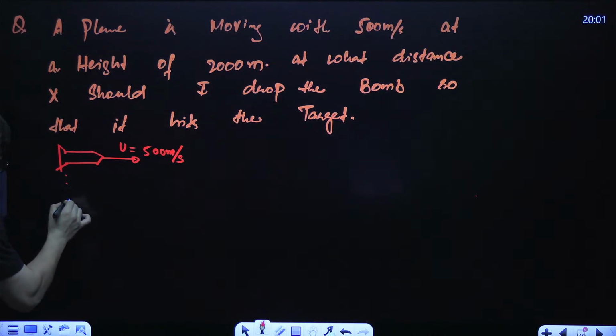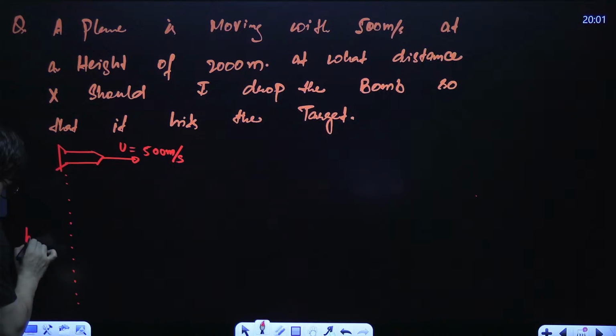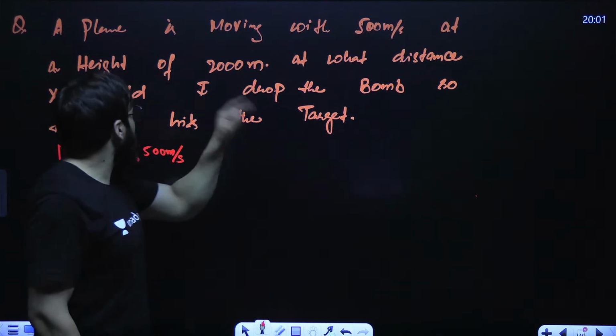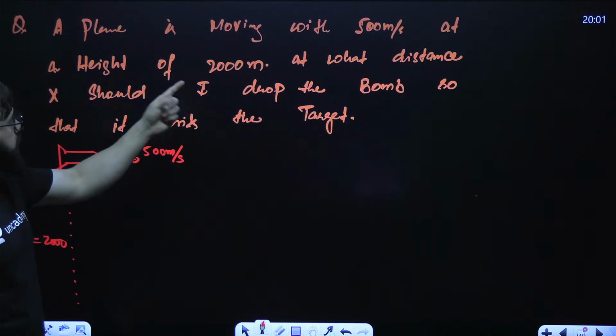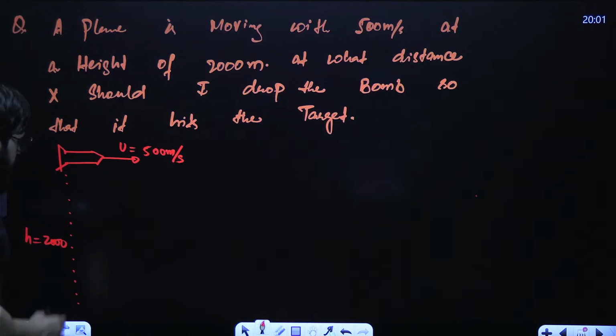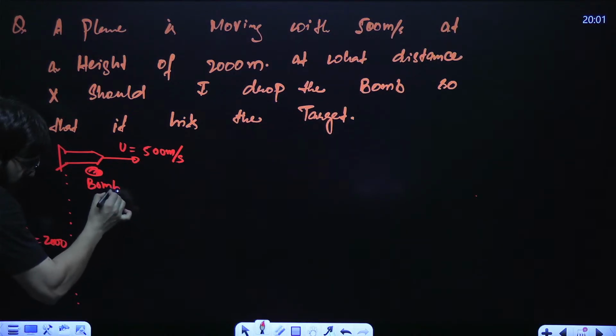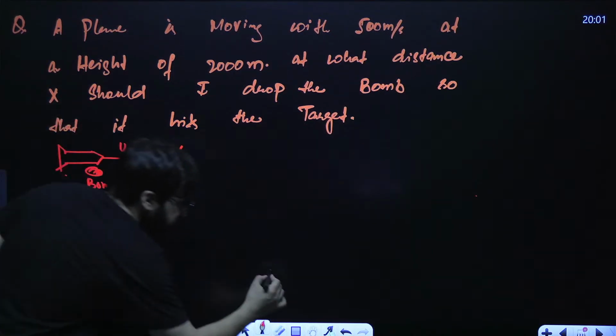So this height over here, h, is given as 2000. At what distance should I drop the bomb so that it hits the target? Let's suppose it is dropping the bomb over here, this is the bomb. Now, here is the target.